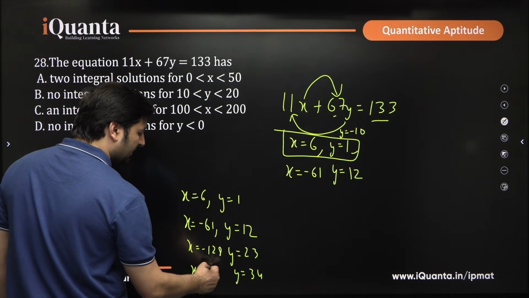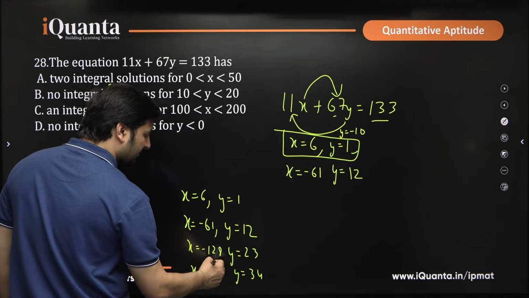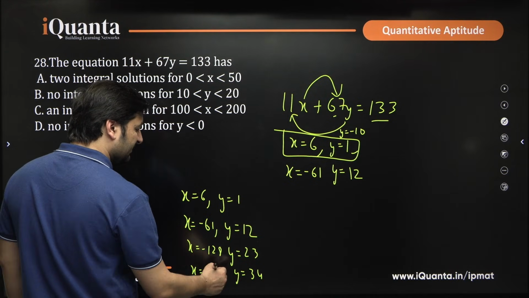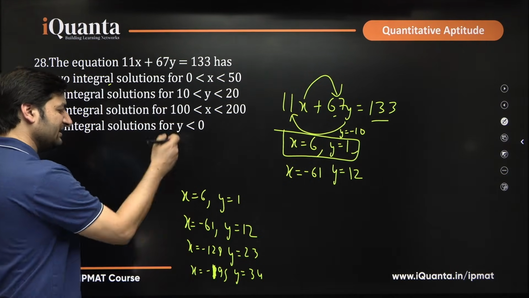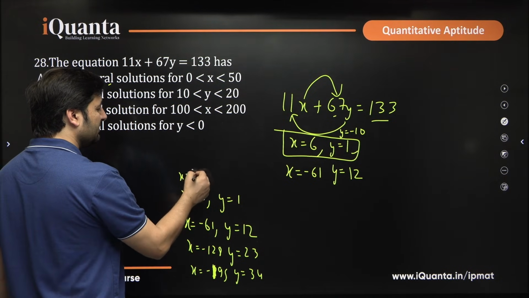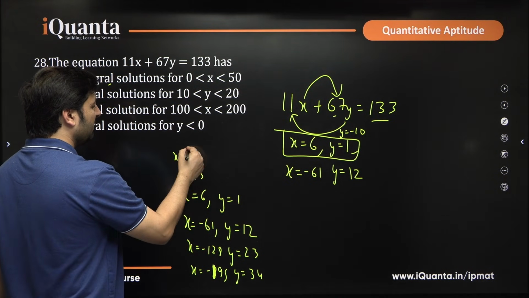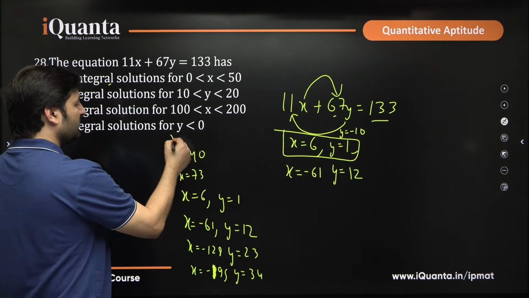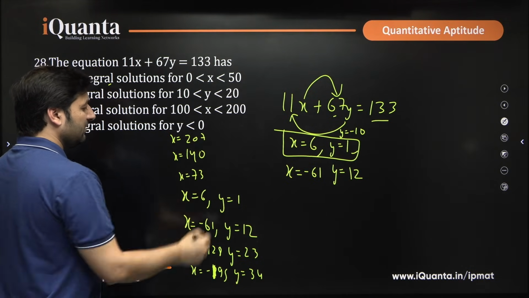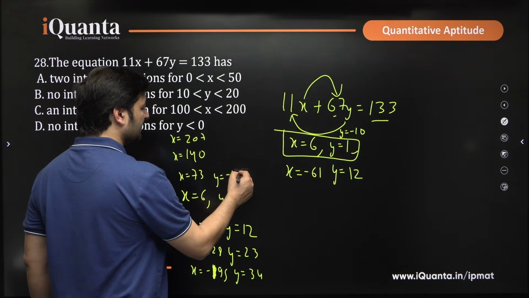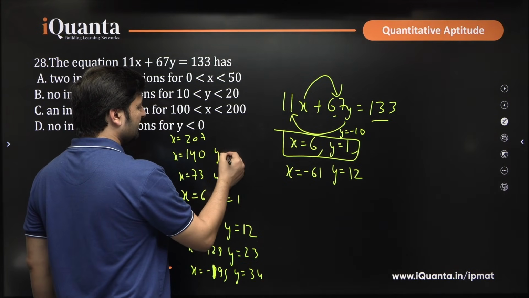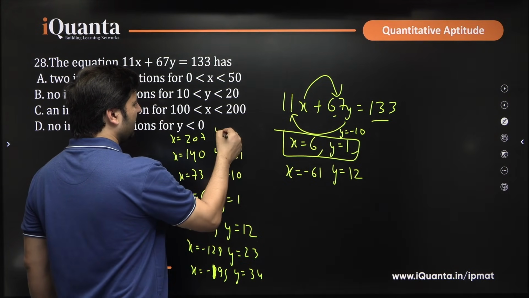Then x equal to minus 128 and 67 is 195. And before this, if you go up, it is increasing by 67, so x will be 73, x will be 140, x will be 207. The value of y keeps decreasing by 12, so minus 10, minus 21, minus 32.